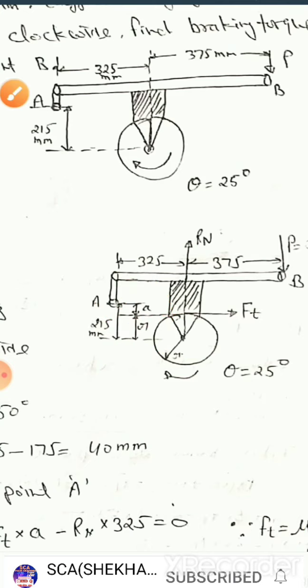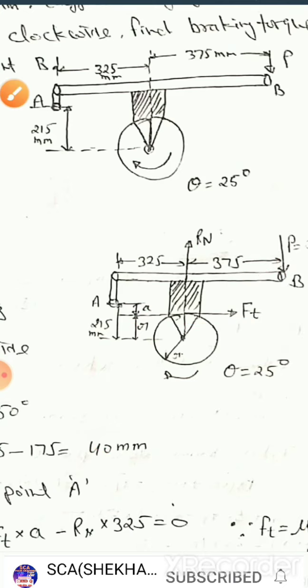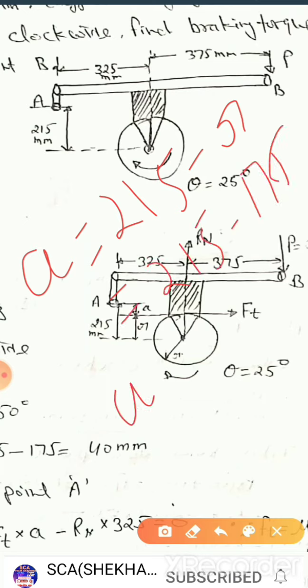Now the wheel rotates in clockwise direction, so Ft acts in the rightward direction, and a is 215 minus R. So small a is equal to 215 minus R, R is 175, so a is 40 mm.